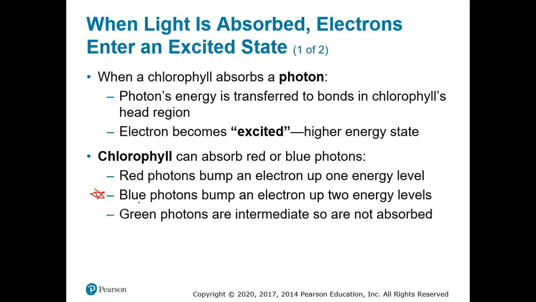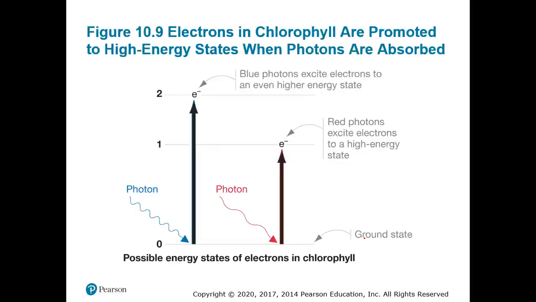However, blue photons, when they hit that head of our chlorophyll, will bump that electron up 2 energy levels. That just means those electrons are going to be much higher energy than the ones that were excited by red photons. And remember, green photons are not absorbed by chlorophyll, they're reflected, and so they're not going to have any effect on energy levels.